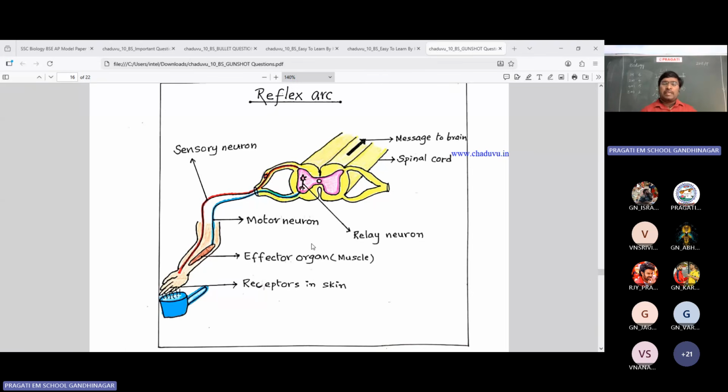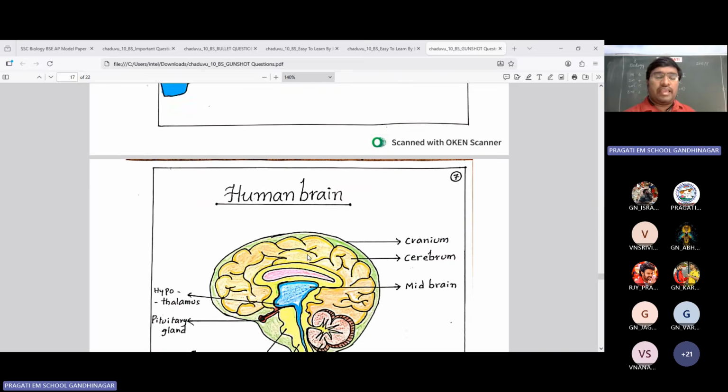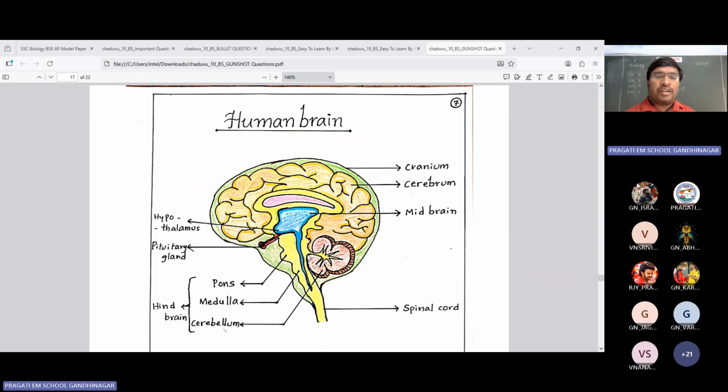Here the effector, sensory neurons, relay neurons and receptor cells are mentioned, showing how the impulses are received and relayed in the spinal cord. This is also an important question for 8 marks, along with explanation. It is there in our pre-final paper, no? So the reflex arc is a very, very important diagram.